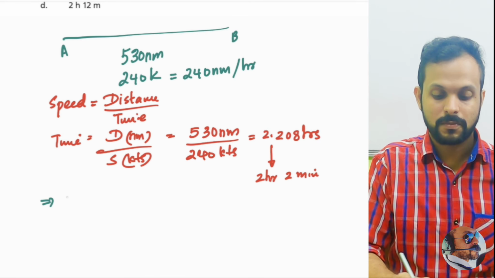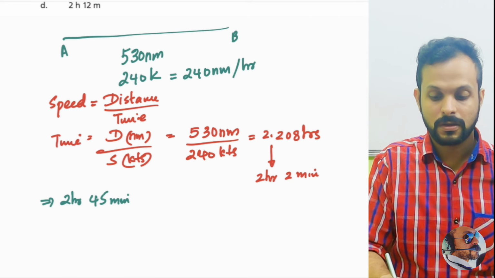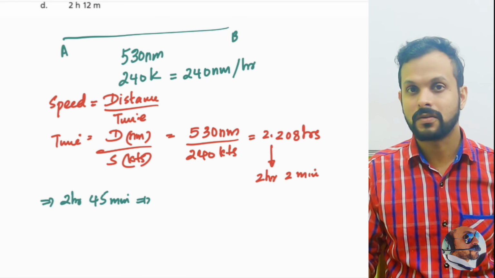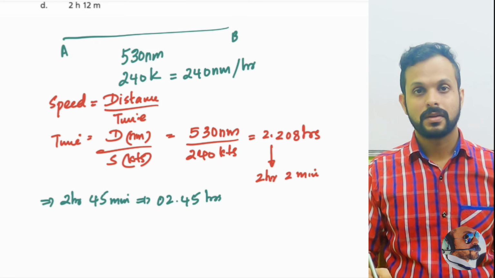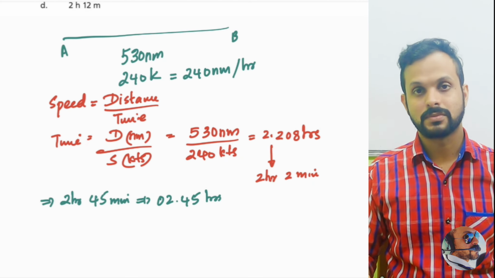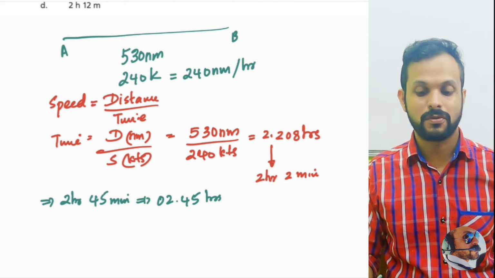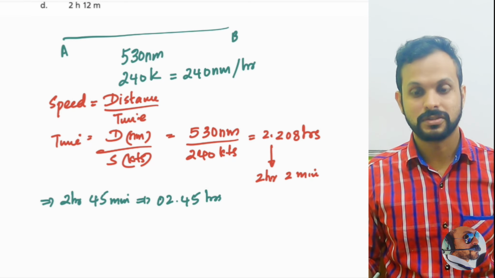Take this example here: 2 hours 45 minutes is 2.75 hours. Now I had a student who wrote it as 2.45 hours. You cannot blame her because the basics are shaky and you've forgotten things. 2.45 is not 2 hours 45 minutes. It's 2.75 which is 2 hours 45 minutes.